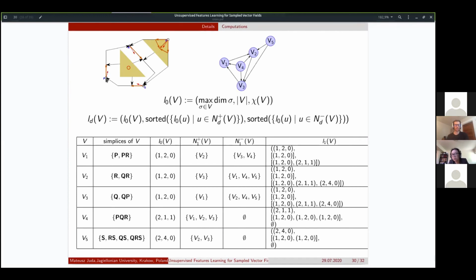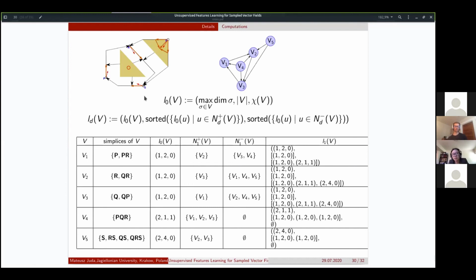So in your graph, V1, V2, V3, V4, V5 are vertices of the graph, but in your table, they are local neighborhoods in some sense. Yes, so V1 and V3 are local neighbors. V5 is also a neighbor of V1, however, not a direct neighbor, because we need to travel at least from V5 to V3 and then to V1.